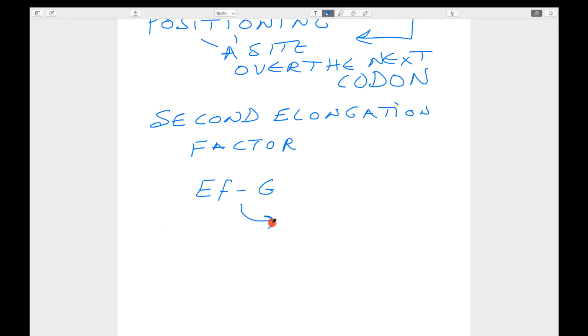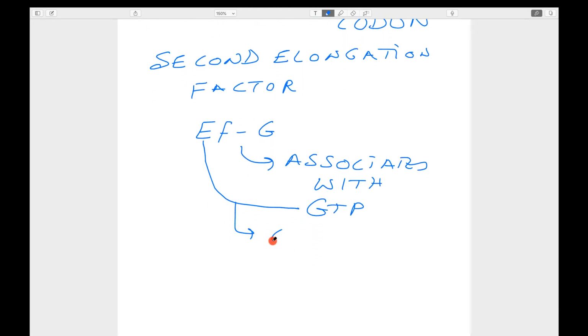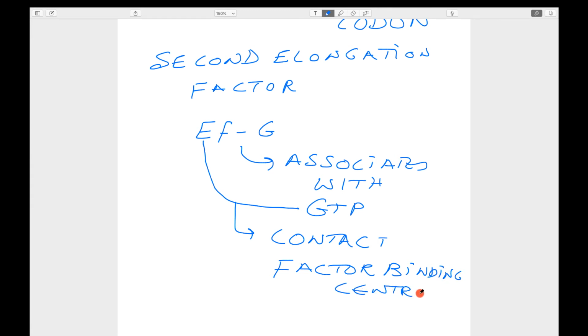It associates with GTP, so there is GTP and EFG. This contacts the factor binding center, where EFTU also binds at the factor binding center at the ribosome.